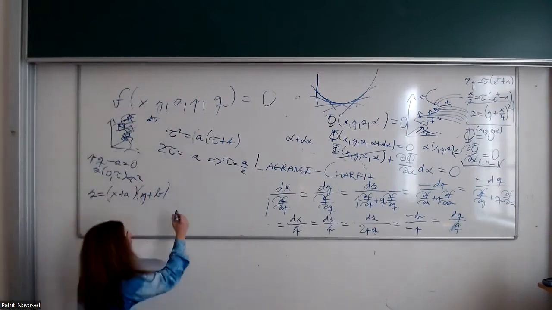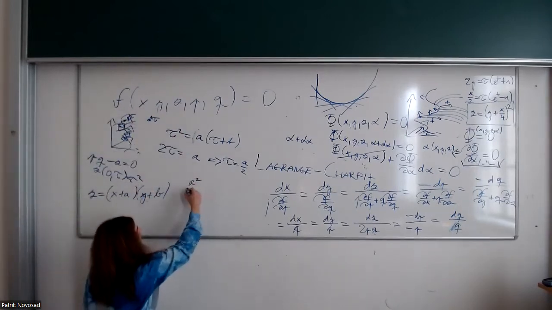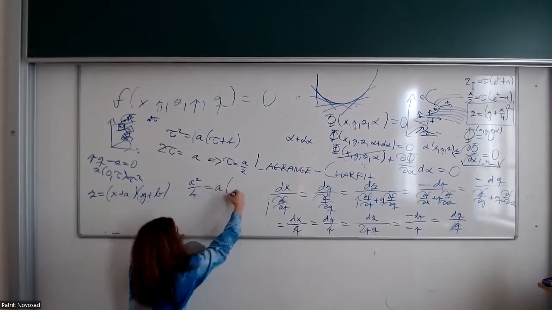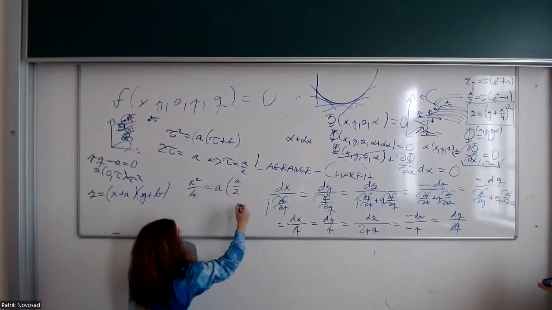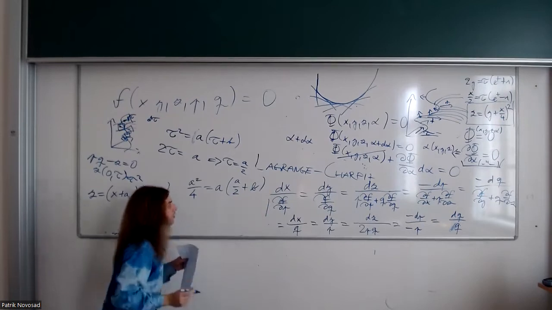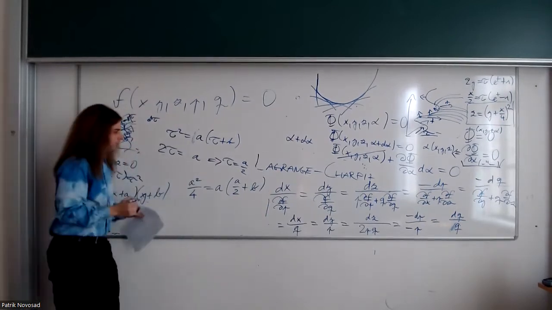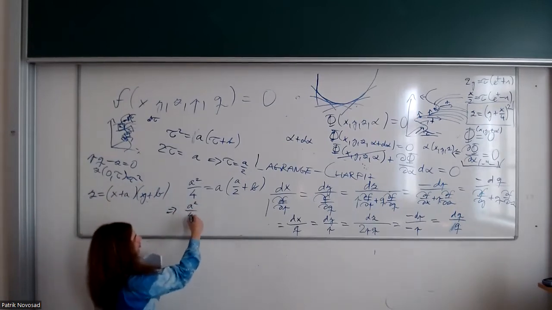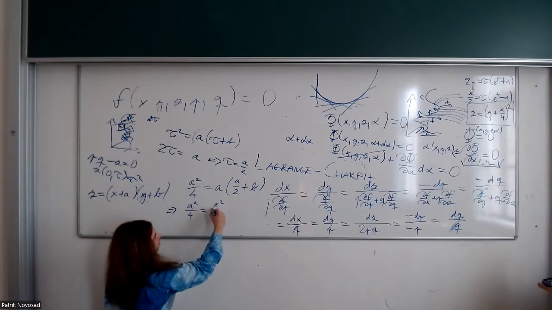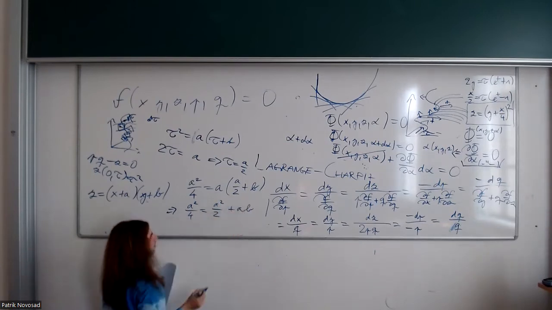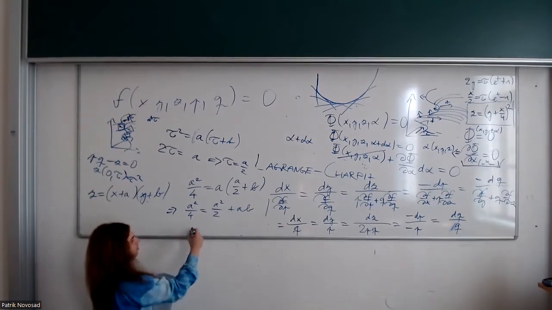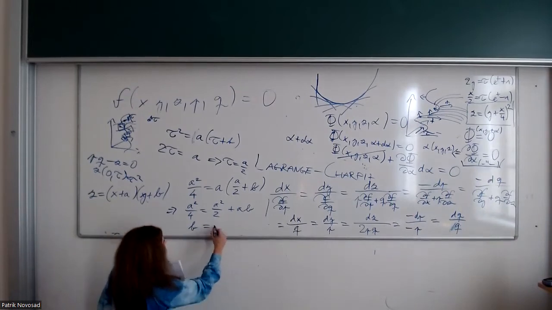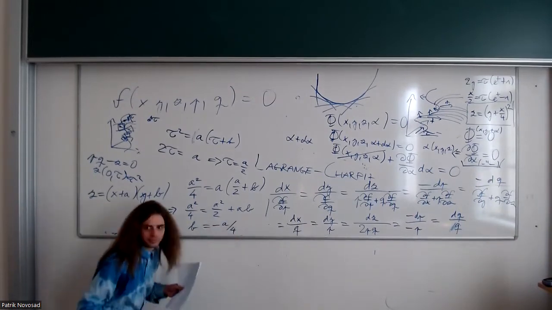So plugging into the first formula, we get A squared over 4 is equal to A times, now tau is still A half, and here is Z. Out of this, we could obtain what the B should be. So we have A squared over 4 equals A squared over 2, plus AB. And after canceling the A, we just get that B needs to be equal to minus A over 4.